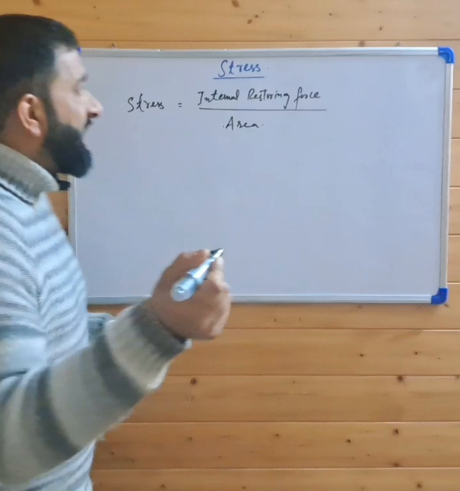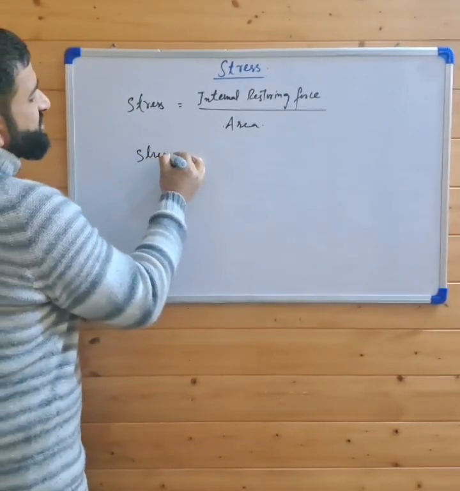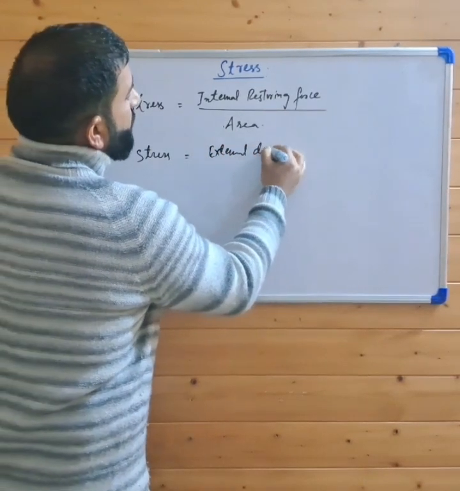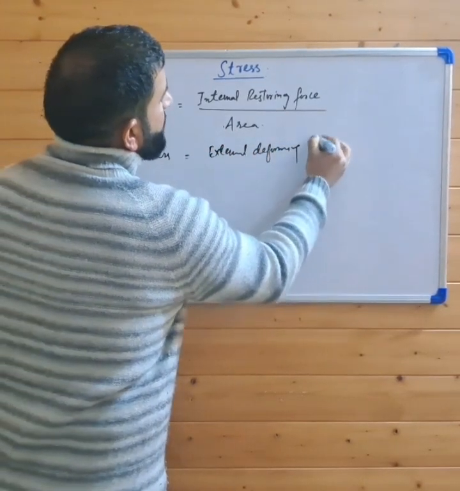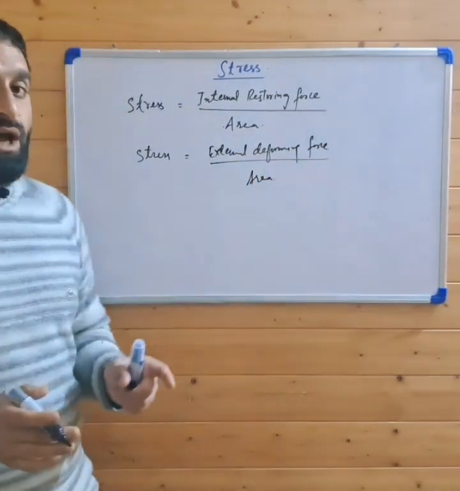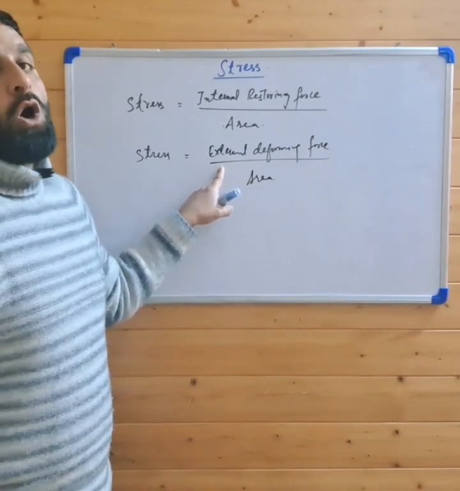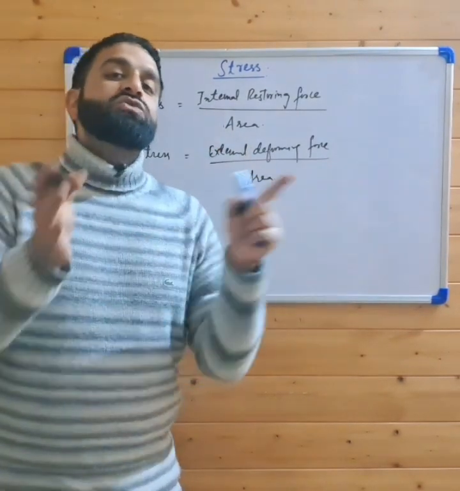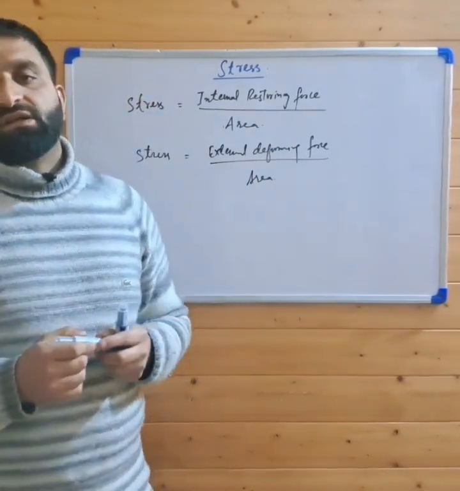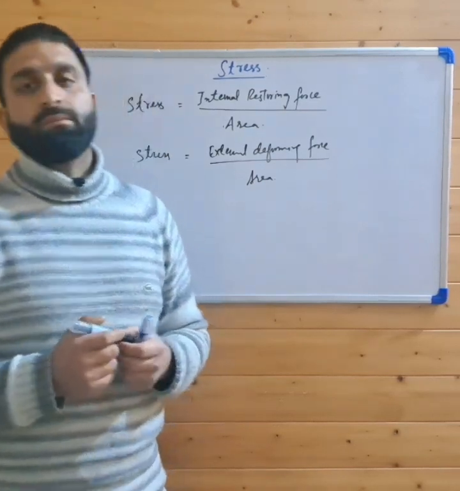So we will come up with another equation of stress, that is stress is equal to external deforming force per unit area. Now, this equation can be used only and only if there is no permanent deformation in the body by the external deforming force, or in case of absence of plastic behavior.